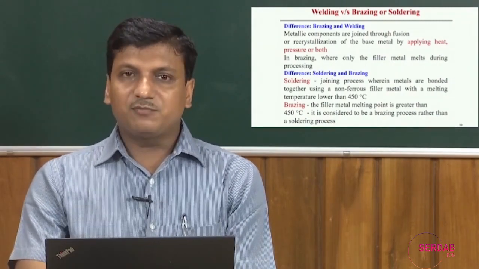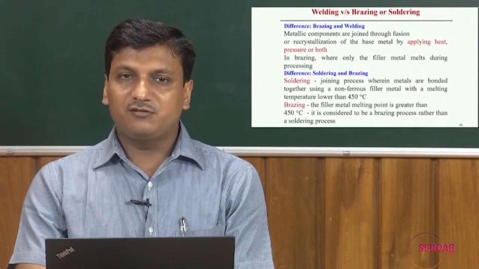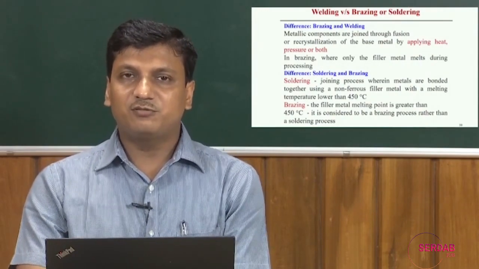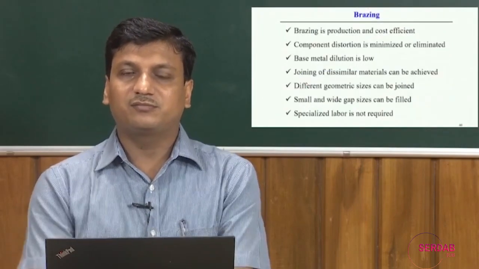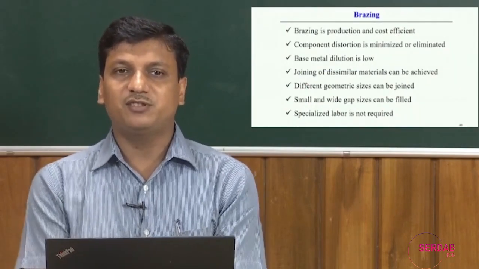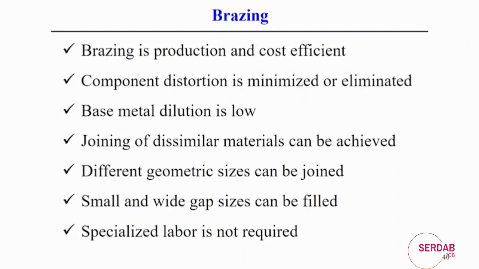Now, we will try to get some basic idea about the soldering and brazing processes. We can start with the brazing process first. So, what is the brazing process? Brazing is a production and cost effective process, because two dissimilar or similar kinds of materials can be joined without the base material being much affected by heat.